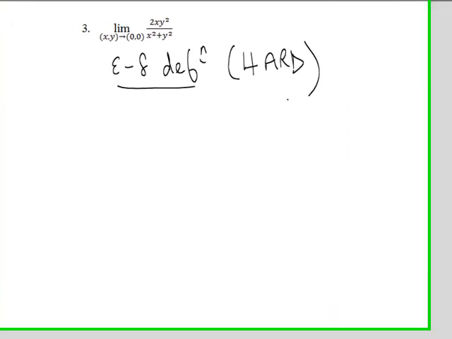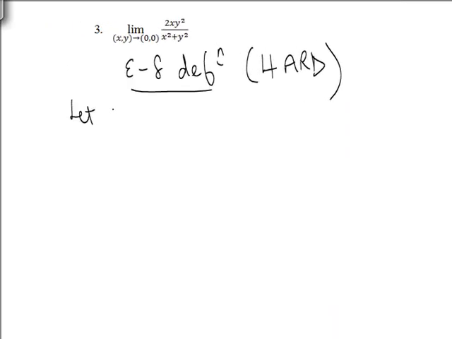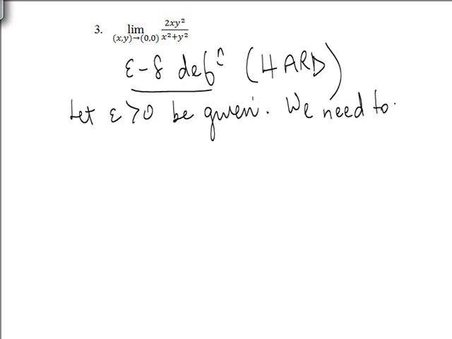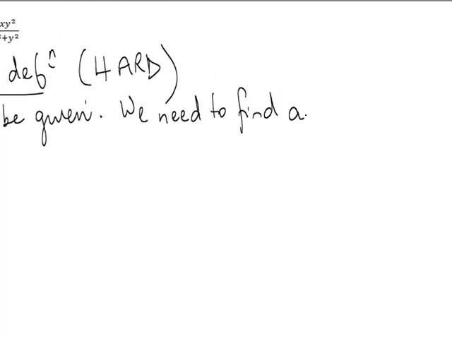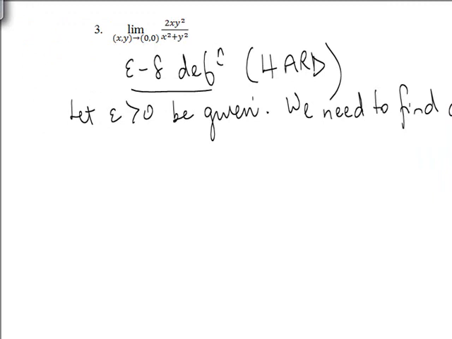All right. So you start: let epsilon greater than 0 be given. We need to find a delta greater than 0 such that... So what you do, you go back to the page where I gave you this epsilon delta definition, and you just plug in what this is, our f of x here.